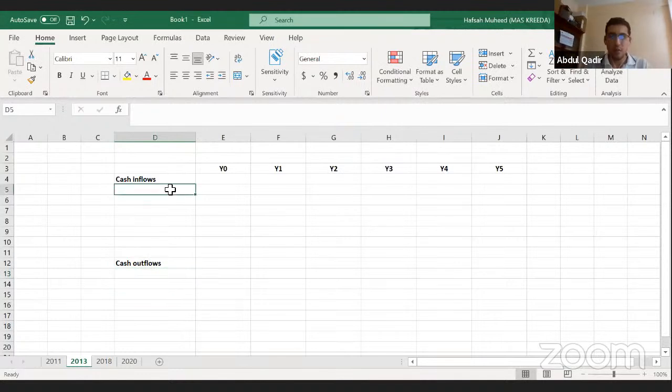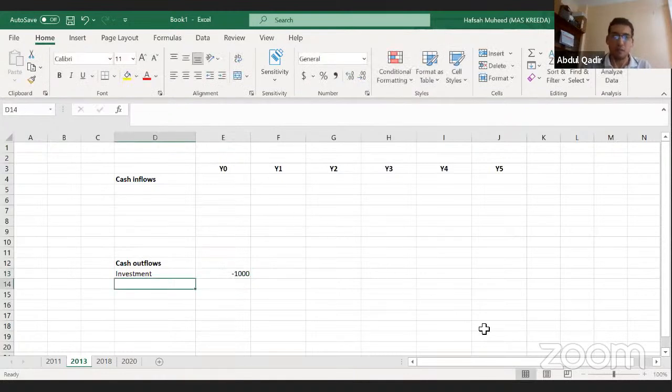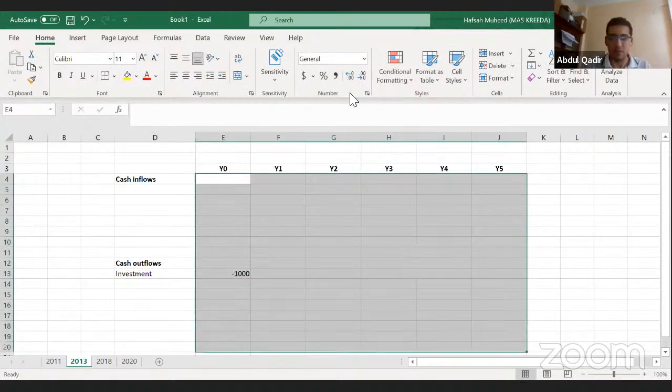So let's read through the question from the top and see what the inflows and outflows are. Cost 1 million, so you can say investment. That is not an inflow, sorry, it goes under outflow. Investment 1 million, in year 0. Let me put all of this into brackets, then you will see it as a negative.